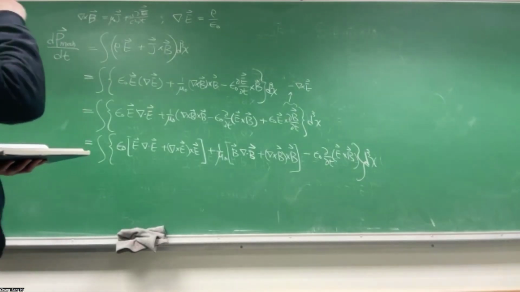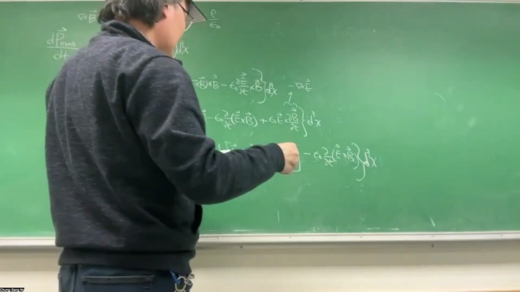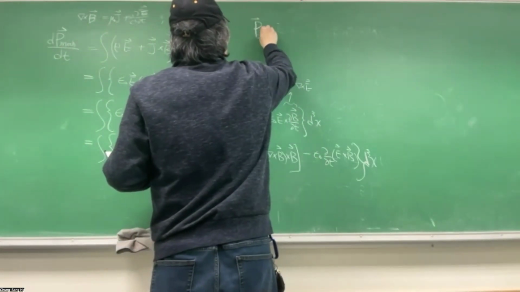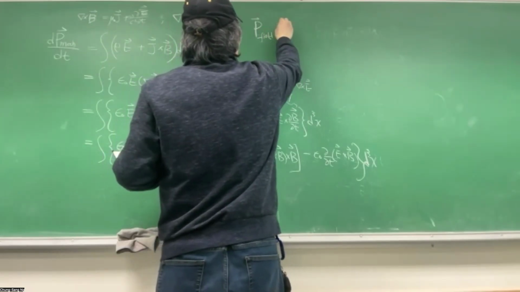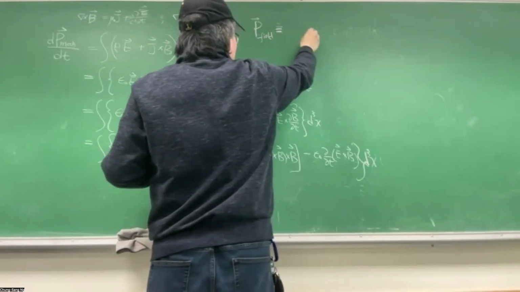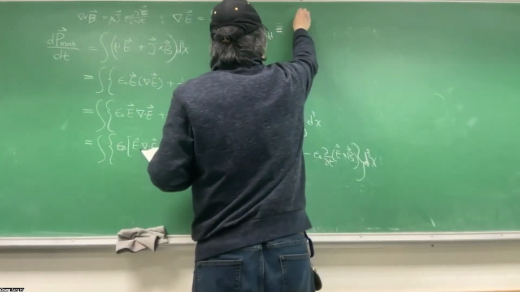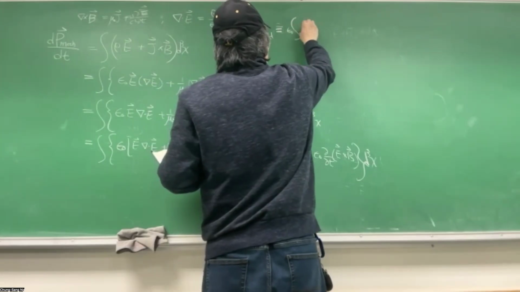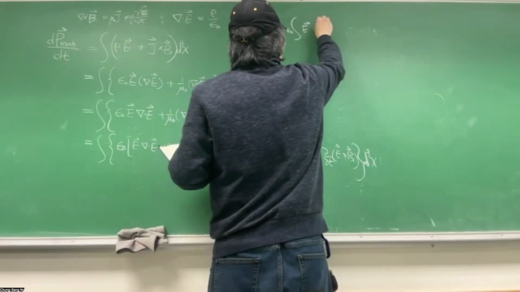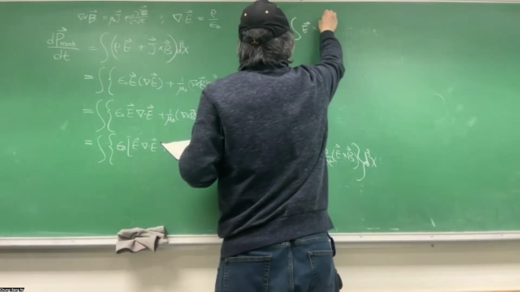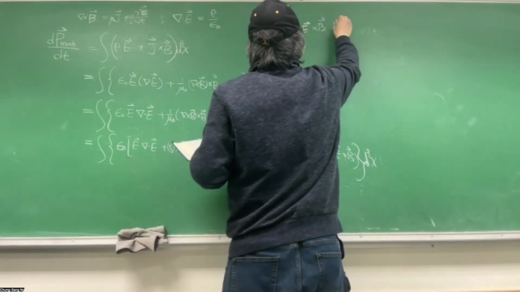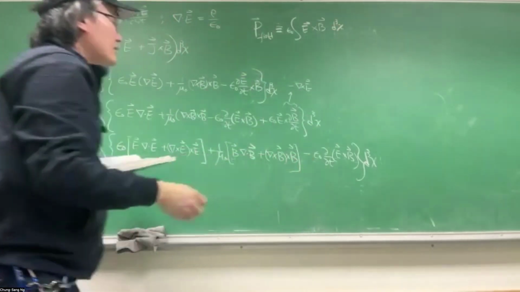Okay, and now we just talk about the interpretation, and you define now the momentum of the field as this integral of epsilon 0 E cos B. You know that E cos B is similar to what we learned in the conservation of energy.